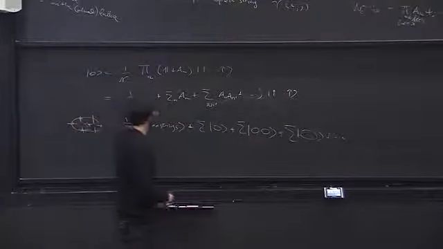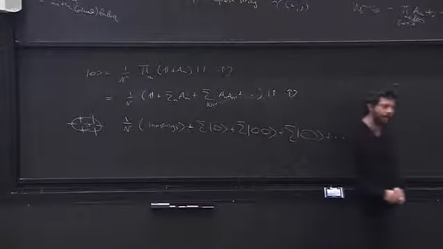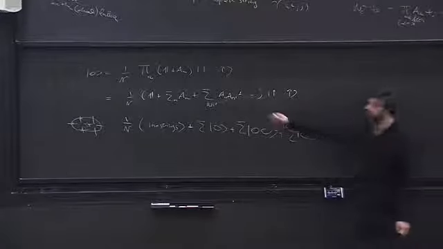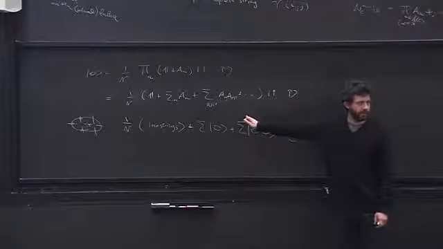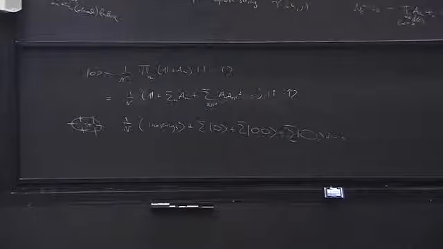But, by the way, what are these? This is the sum over all the possible products of A's. Okay? Do you see it? These are all the possible products of A operators. So if I have a set and I make all the possible products, what is this called?